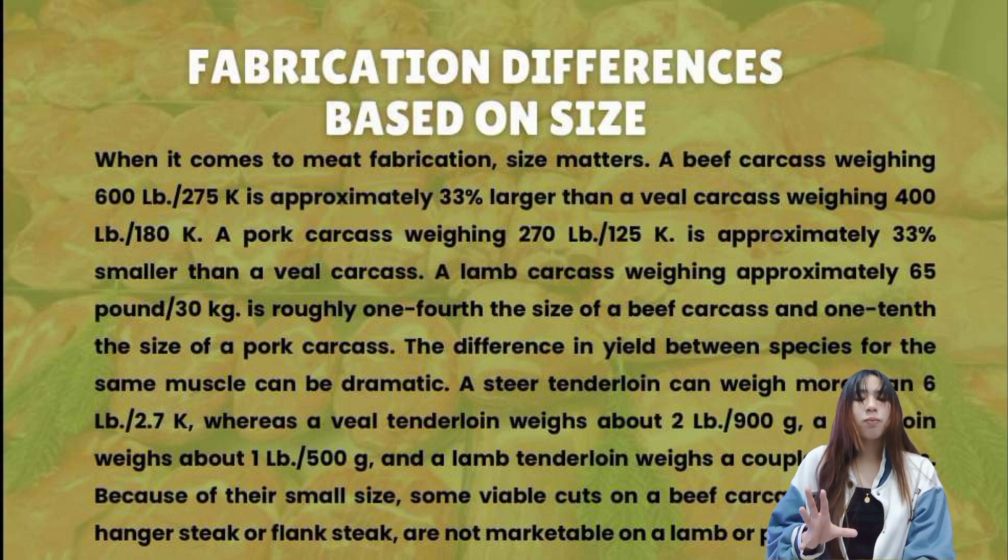A pork tenderloin weighs about 1 pound or 500 grams, and a lamb tenderloin weighs a couple of ounces. Because of their small size, some viable cuts on a beef carcass, such as a hanger steak or flank steak, are not marketable on a lamb or pork carcass.